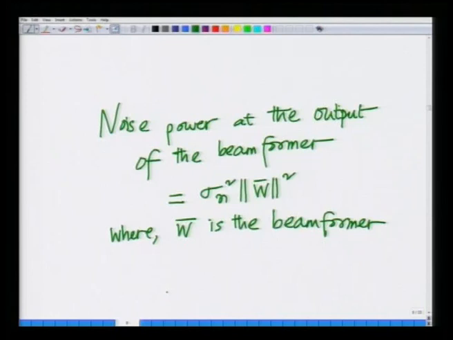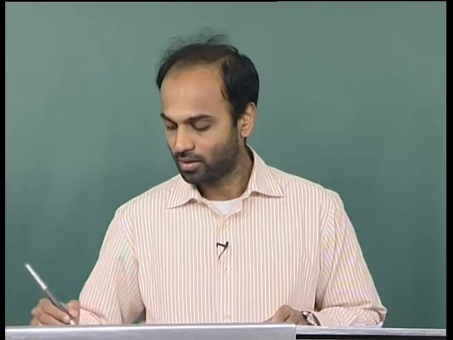Alright, so we have derived the noise power at the output of the received beamformer. We said it is the combination of the noises across all the L receive antennas, and that it is not straightforward to compute, but we went through a derivation, and the net noise power is nothing but sigma n squared times the norm square of the beamformer.